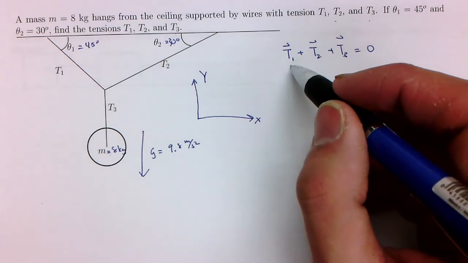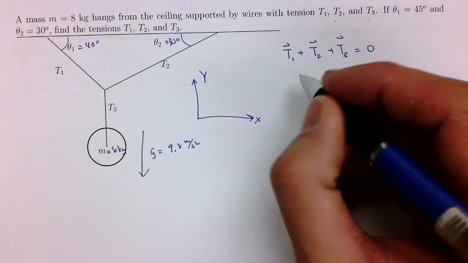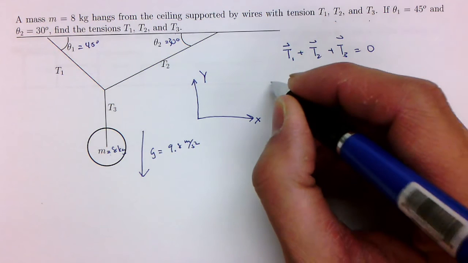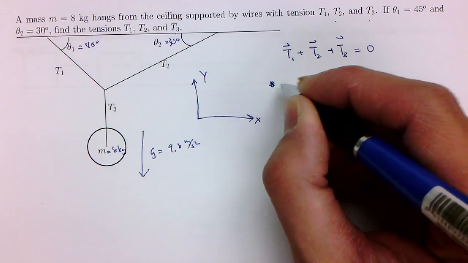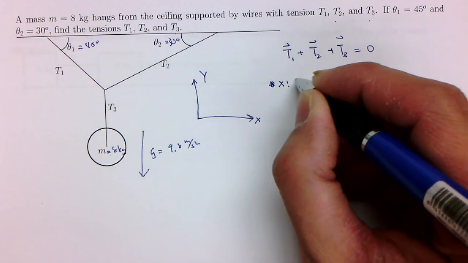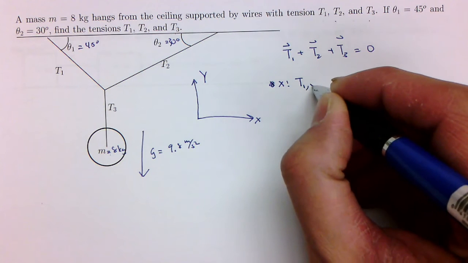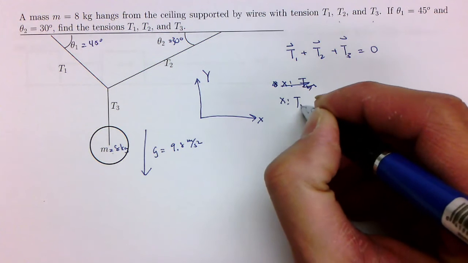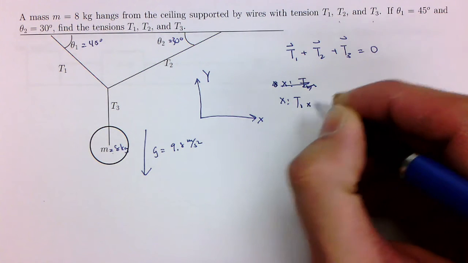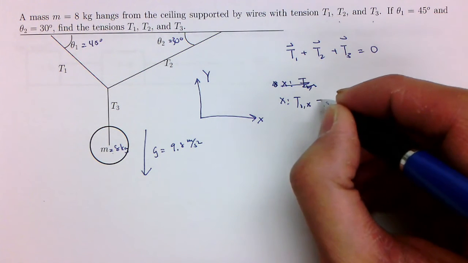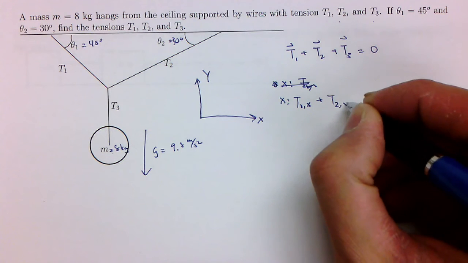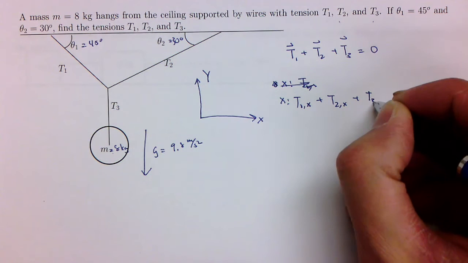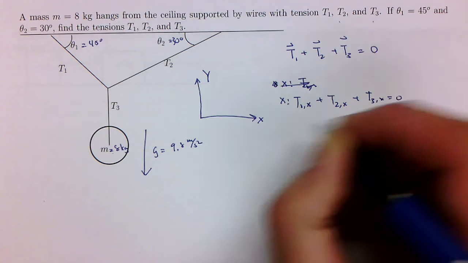Okay, so let's write these things in various components. The x component: T1 of x plus T2 of x plus T3 of x is equal to 0.